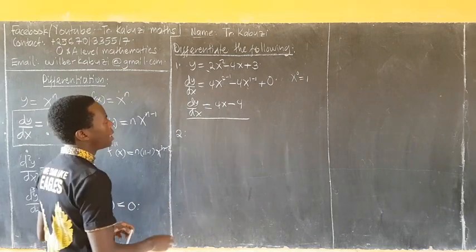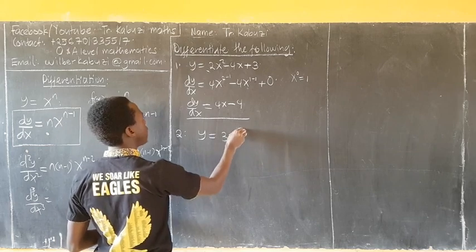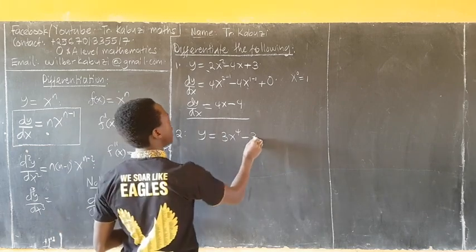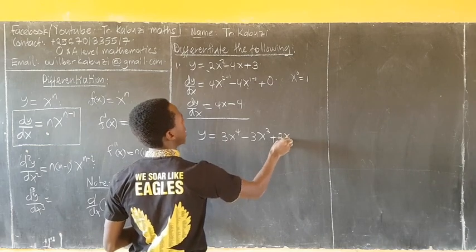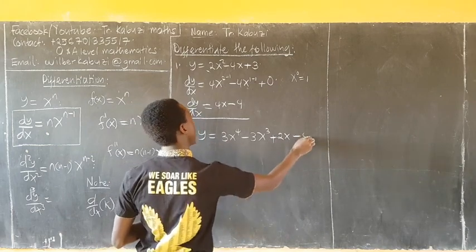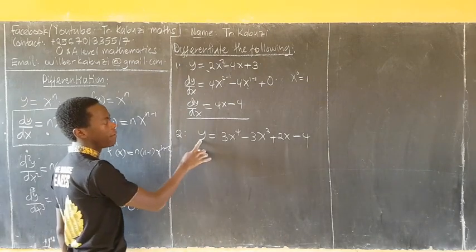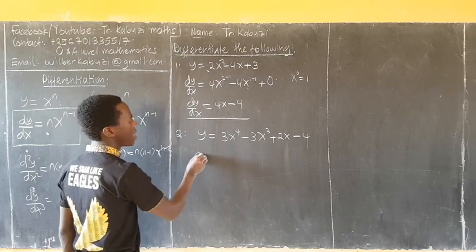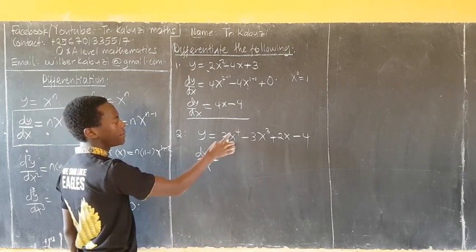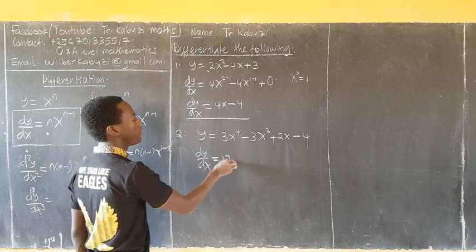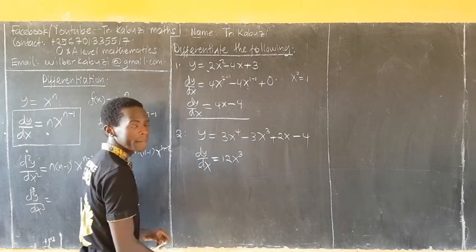Number 2, let us see. If I have y equals 3x power 4 minus 3x cubed plus 2x minus 4, let us differentiate this. So dy/dx equals: take this power times this, I'll be having 12x, and when I reduce the power by 1, you get 3.